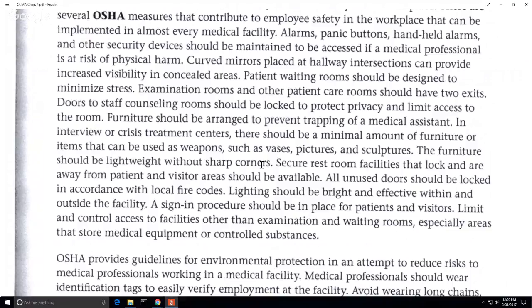Lighting should be bright and effective within and outside the facility. A sign-in procedure should be in place for the patients and visitors, and limit and control access to facilities other than examination and waiting rooms, especially areas that store medical equipment or controlled substances.